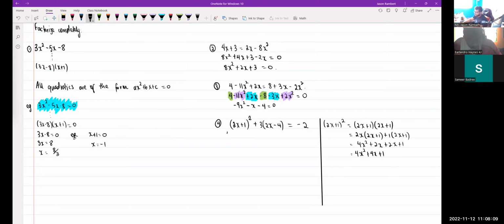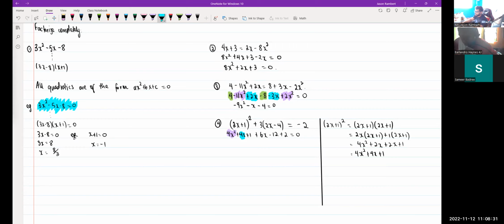So my bracket is 4x squared plus 4x plus 1, plus, this should be easy to expand, 6x take away 12, move the 2 across, plus 2 is equal to 0. From here, should be cake. I have nothing to add to the 4x squared. I have no other x squared terms.